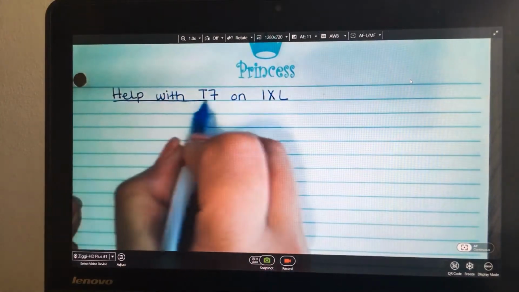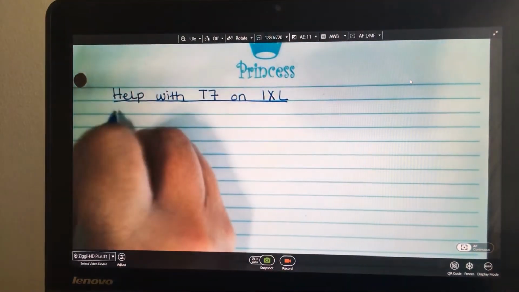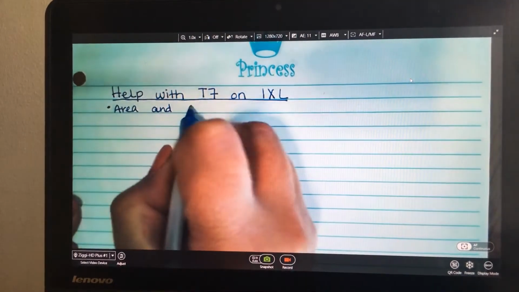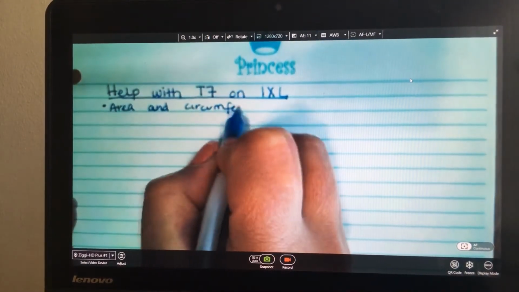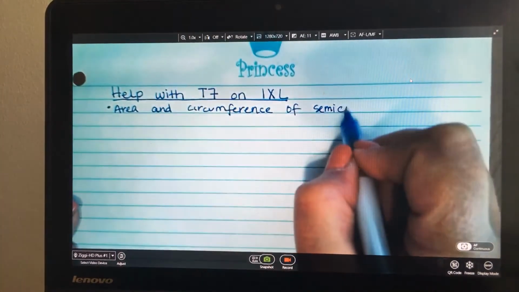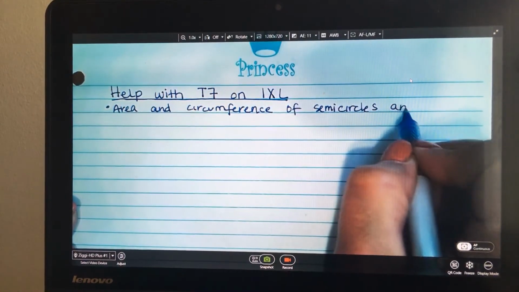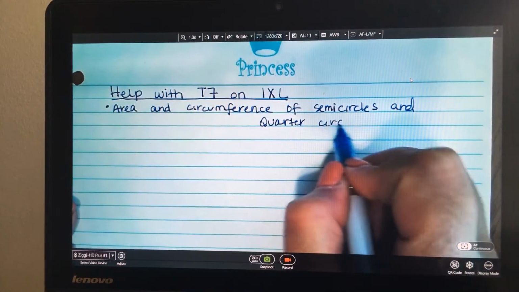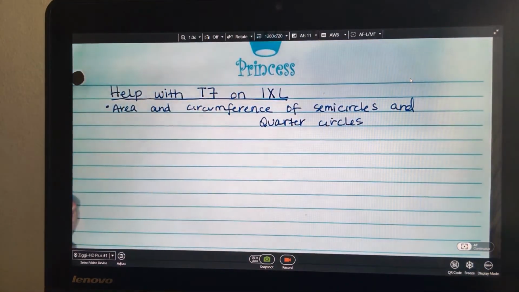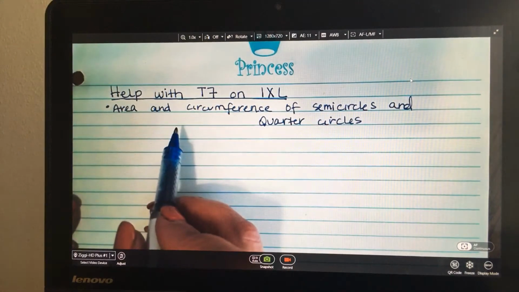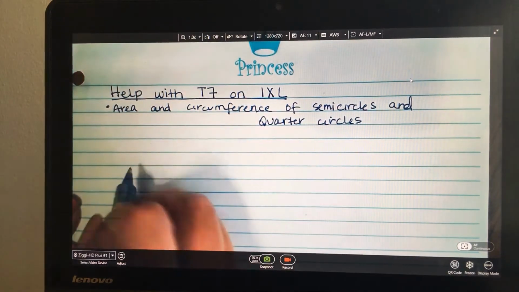I got a lot of questions from students, and this is working with area and circumference of semicircles and quarter circles. I didn't realize that was part of last week's assignment, otherwise I would have included it in the circle work. So let's take a look at a couple of examples of these.